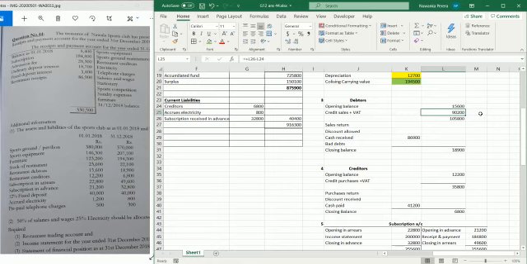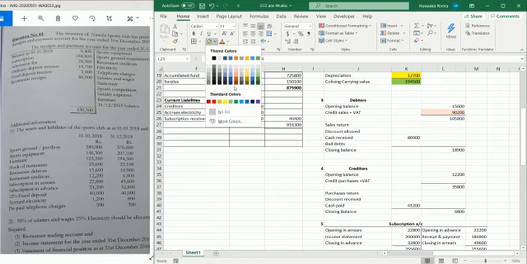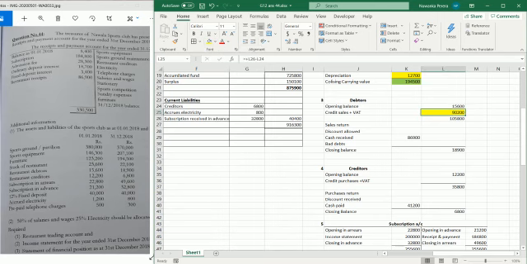But if they have given you cash sales, the value of cash sales has to be added to this one to calculate the total sales relevant for the accounting period. Now in this case, this is taken to the profit or loss statement.